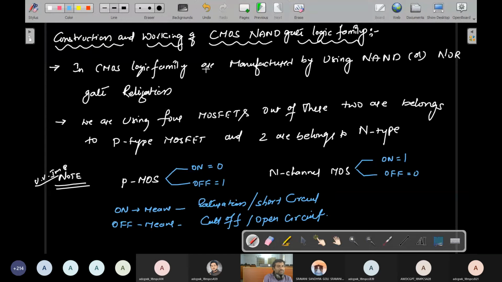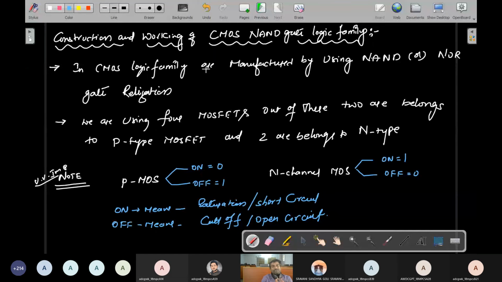Whatever the function is, you don't care about the functioning inside. But if you give 0 to your gate terminal, because MOSFETs have source, drain and gate terminals, if you give 0 to the gate terminal of the P-type material, then it is completely in saturation condition, means it is a short circuit.